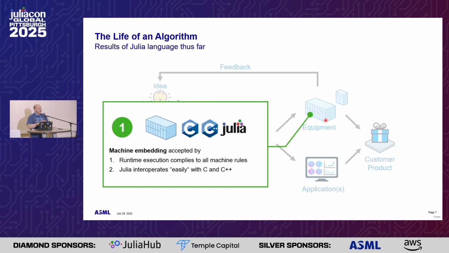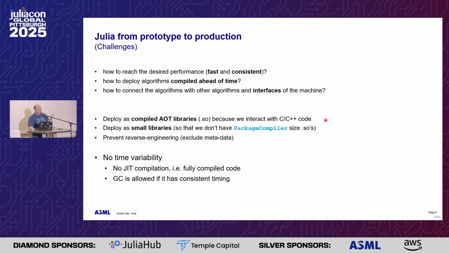And we ask, how can we actually achieve that? Can we make a proof of concept of a Julia calculation that has to interact with the rest of the machine, which is already written in C, C++? It doesn't come in a vacuum. The algorithm is in Julia, but we want to deploy it there, and we have certain restrictions. We have to be fast, of course, but also, very importantly, consistent.